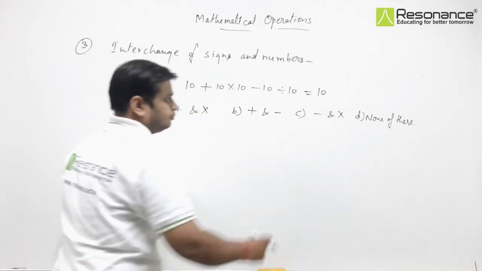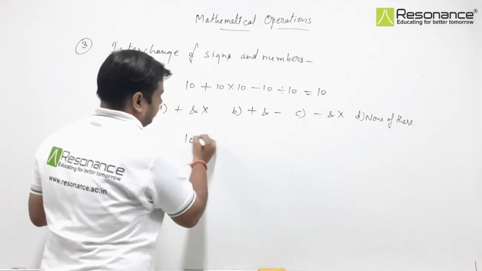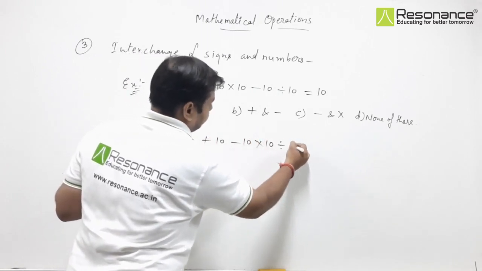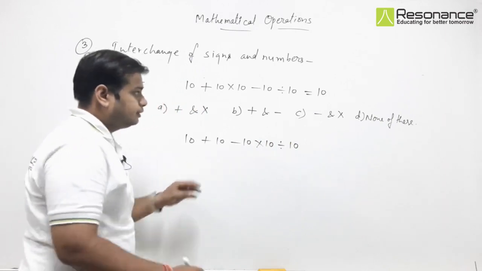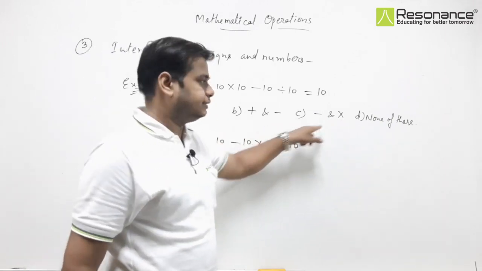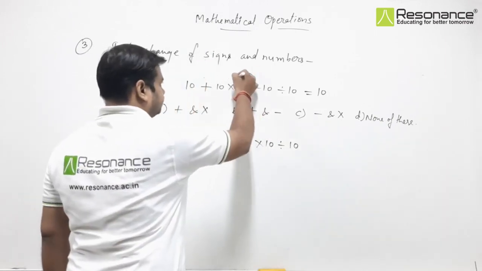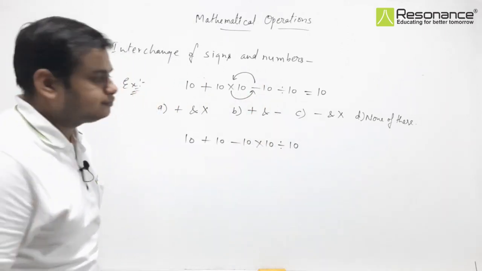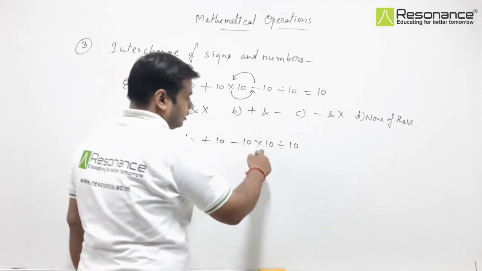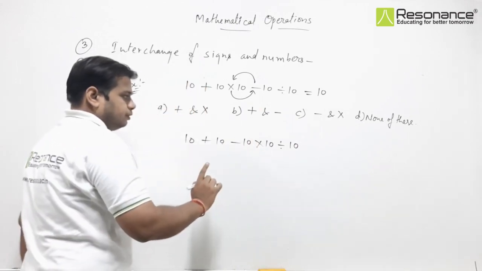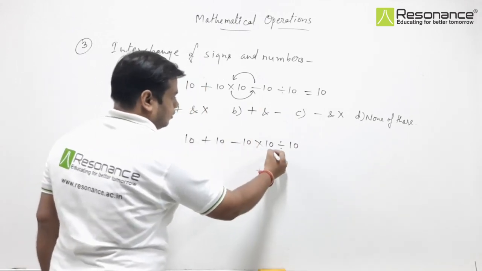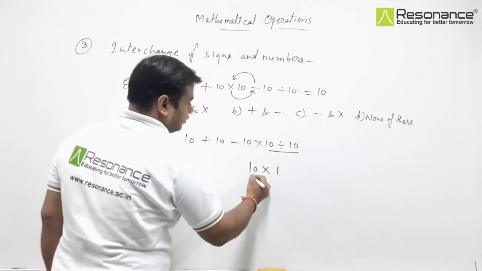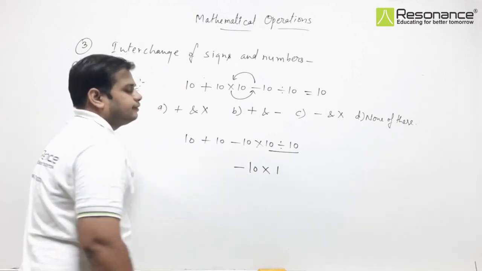Let's do option C. 10 plus 10 minus 10 multiply by 10 divide by 10. Why did I do this? Minus and multiply are interchanged. So minus will go in the place of multiply and multiply will go in the place of minus. So minus is here, multiply is here. Okay. Now if we solve, 10 divided by 10 will give us 1 and 10 multiplied by 1 will give us only 10.